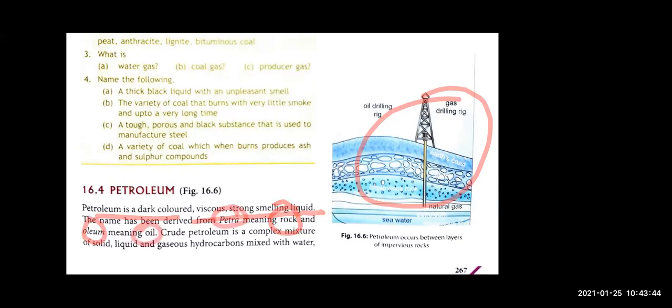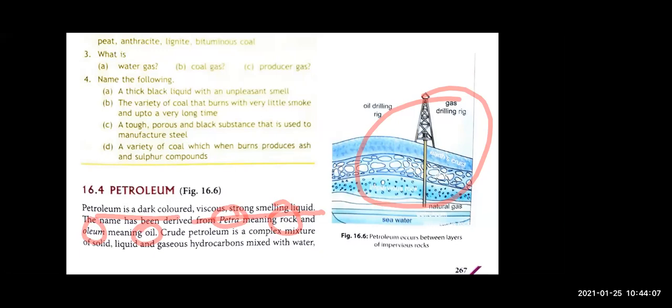Means the oil which is present beneath the rocks. Crude petroleum means the petroleum that we drill and dig out from the undercrust of the earth. That is called crude petroleum.